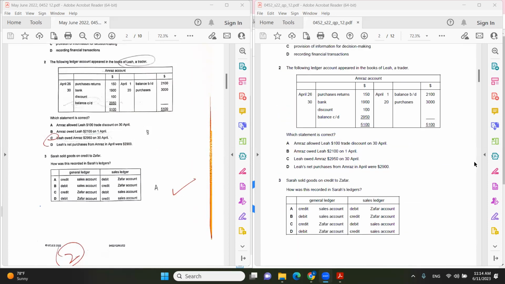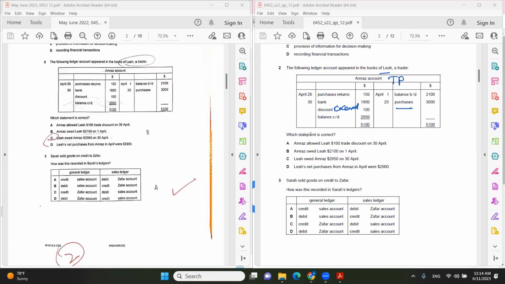Question 2. If the ledger account appears in the ledger of a trader, this one is all purchases, which means this is a trade payable account. In a trade payable account, the debit and credit items are more or less fixed. This discount refers to the discount received.